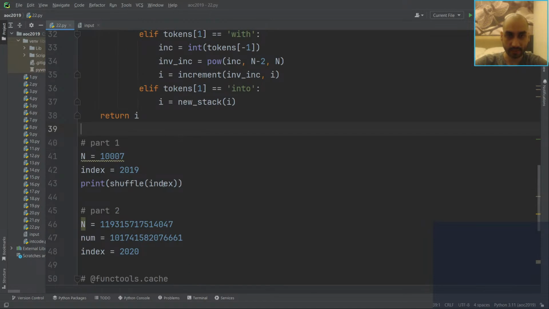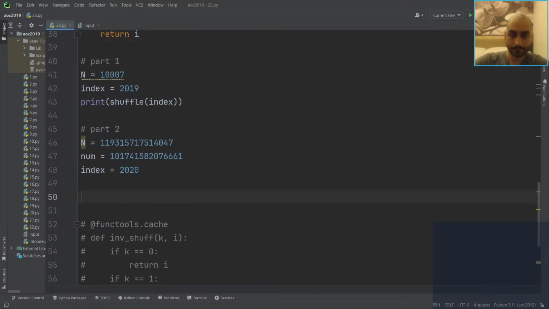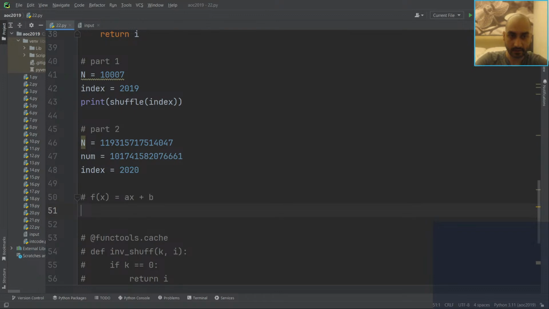We want to find the A and B. So let's just write a comment here. F of x equals ax plus b. Alright. Compute b.